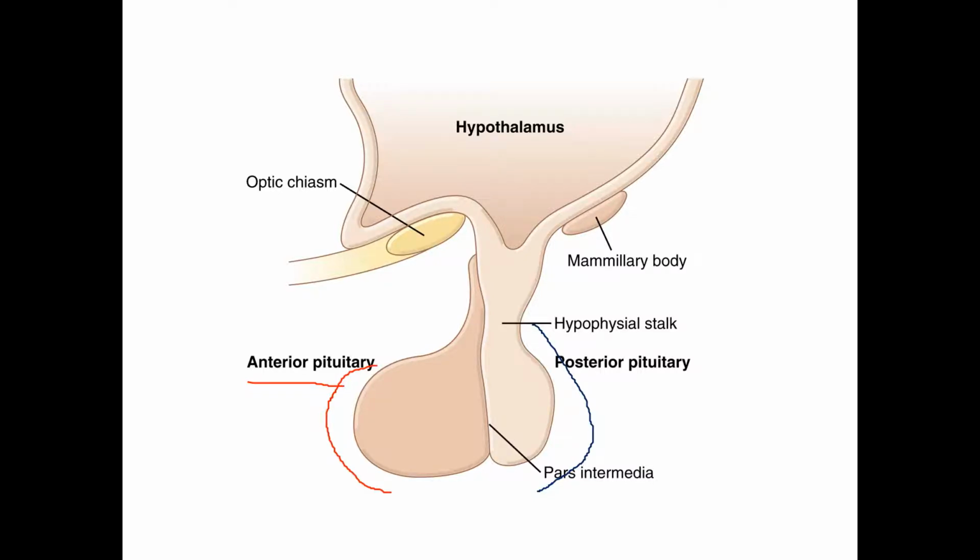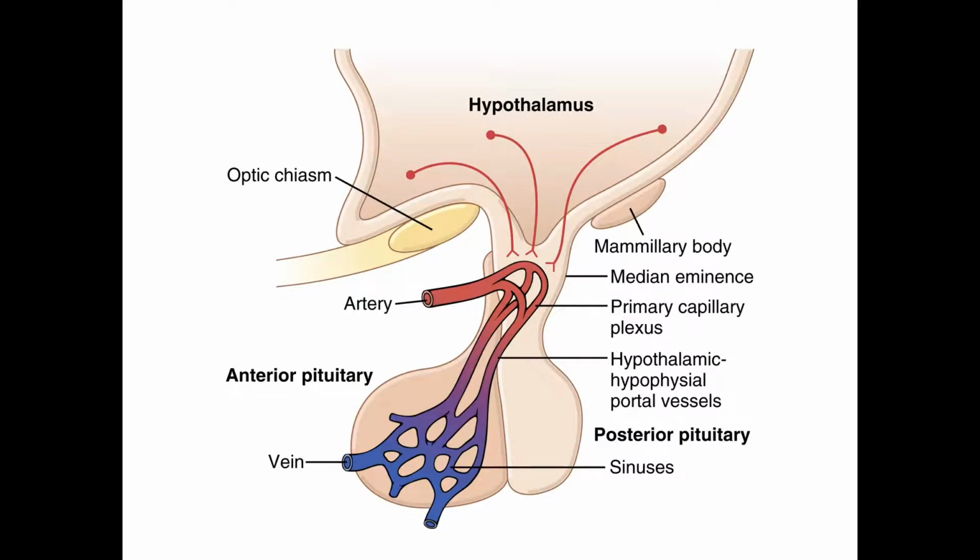This figure shows the relationship of the hypothalamus and the anterior pituitary gland. As you can see, the hypophyseal artery is where the secretions coming from the hypothalamus are released. So once the hypothalamic hormones are secreted into the bloodstream, particularly into the hypophyseal artery, they reach the anterior pituitary gland by a primary capillary plexus.